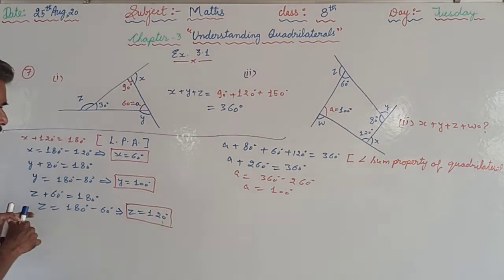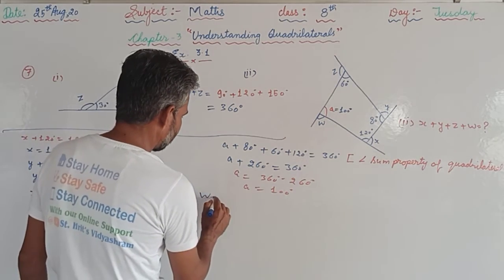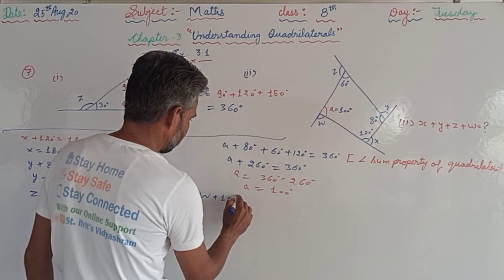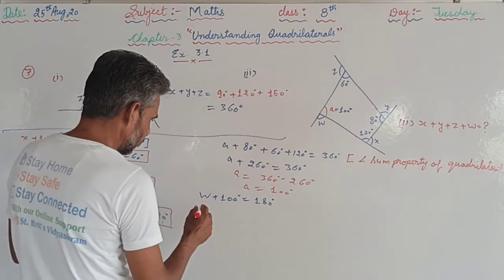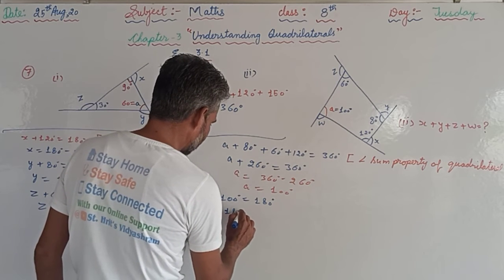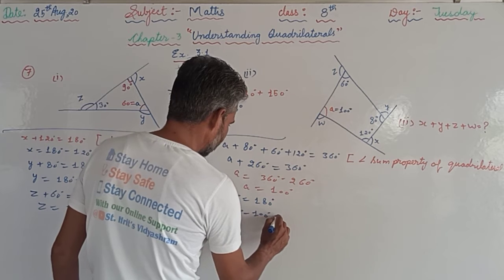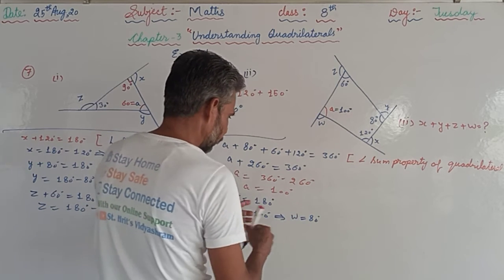Now w plus 100 degree is equals to 180 degree, because both are the linear pair angles. So from here we can write w is equals to 180 minus 100 degree. It implies w is equals to 80 degree.